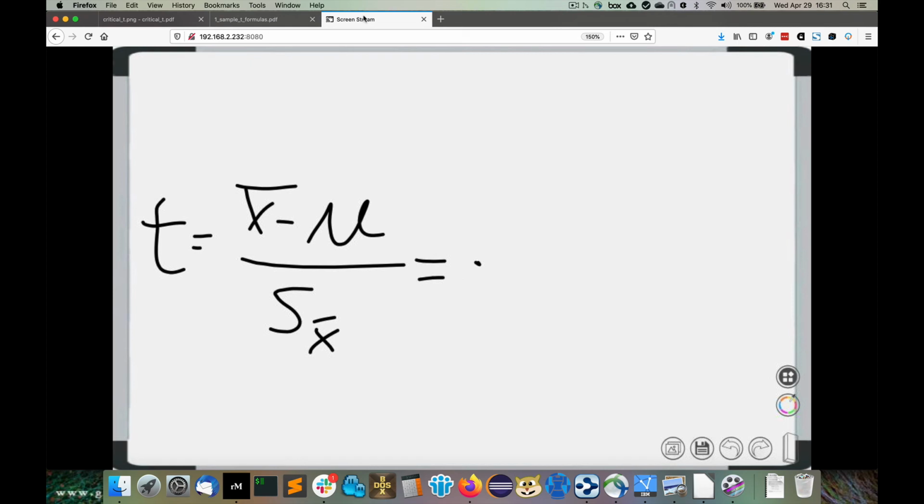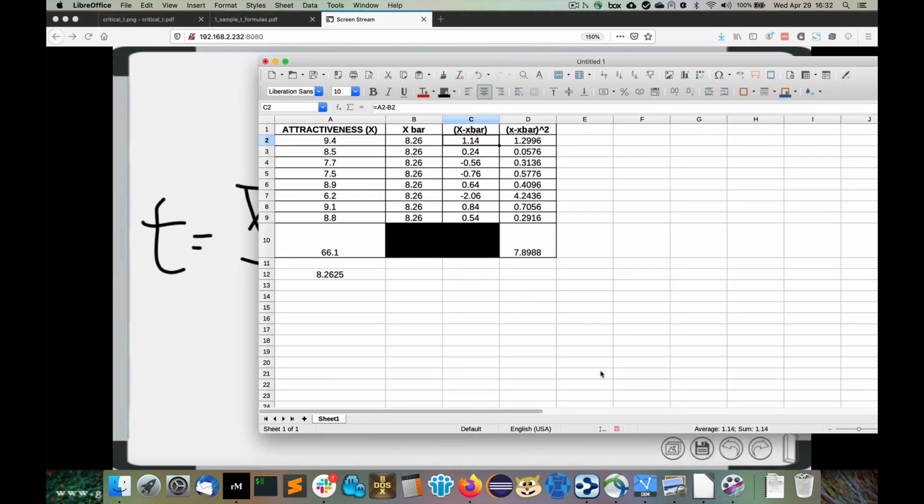Okay. So x bar that we got was 8.26. Mu was 5.1. And then the standard error of the mean was 0.375, I think. Okay.